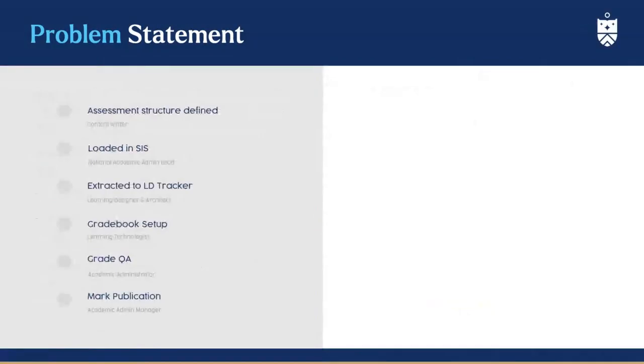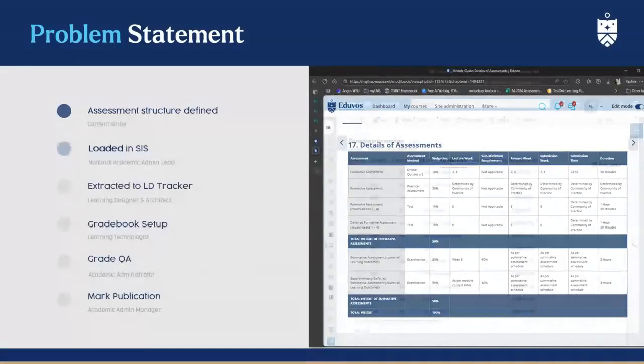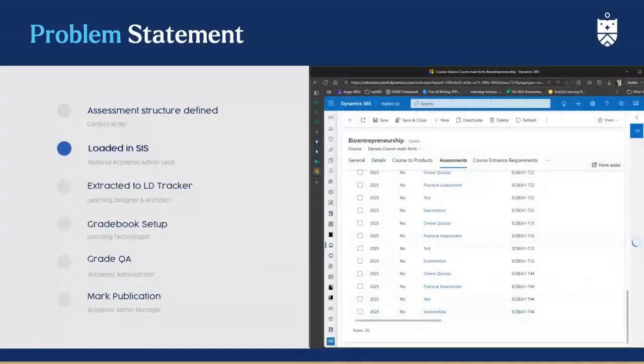Thank you so much. All right, so just to walk through the process very quickly from each of us aside, our assessment structures are defined by our content writers in collaboration with our faculty members in the form of a module guide. So this data gets pulled in or loaded into our student information management system by our National Academic Admin lead.